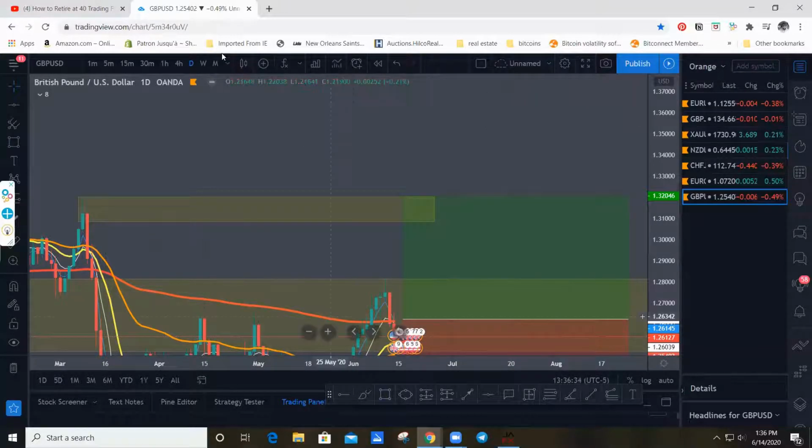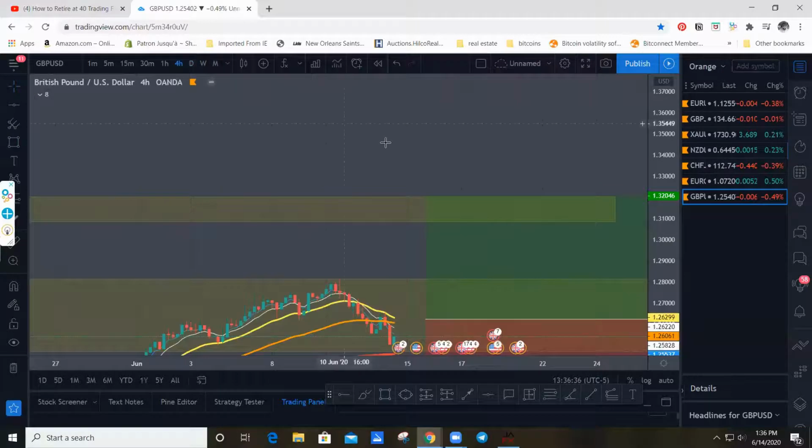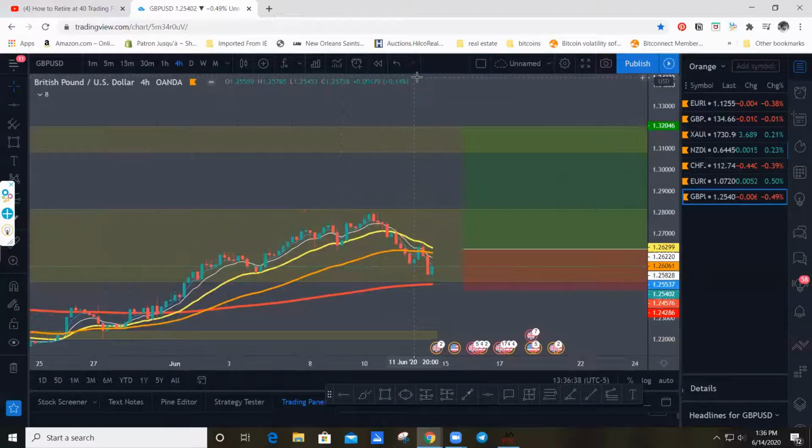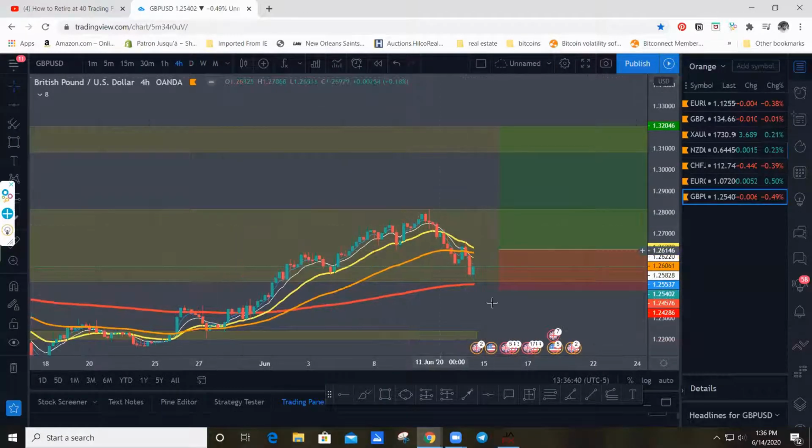That's on the daily. Let's look at it on the 4 hour, get some better clarity. So it's rejecting the 200 on here. So price comes down here, that 8-day, get a good entry around that, take it to the upside.